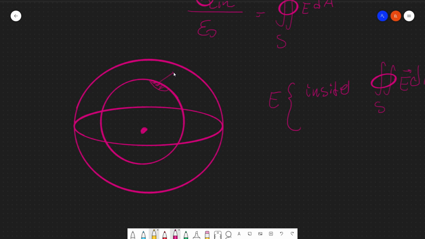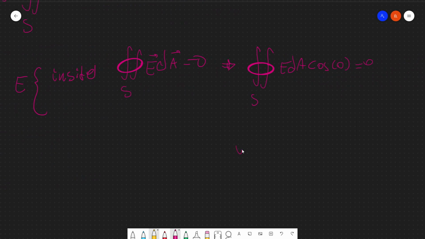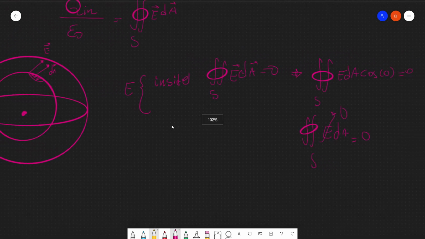It's a convention defined by Gauss. And the electric field is also pointing this way, so the angle between them is 0, so the cosine of 0 is 1. And then you can say E dA equals 0. Therefore, since the area cannot be 0, E must be 0. Therefore, it's proven. So this is just trivial stuff.